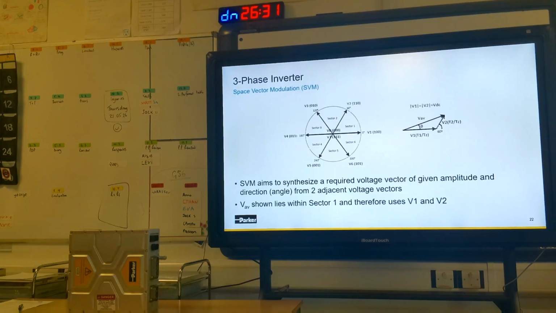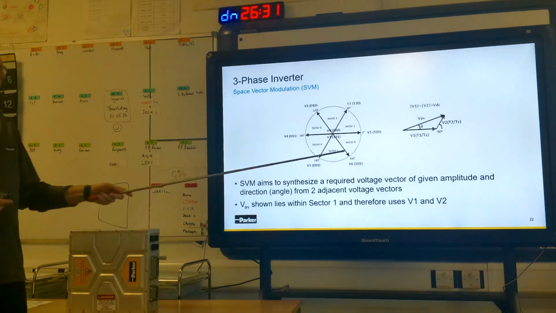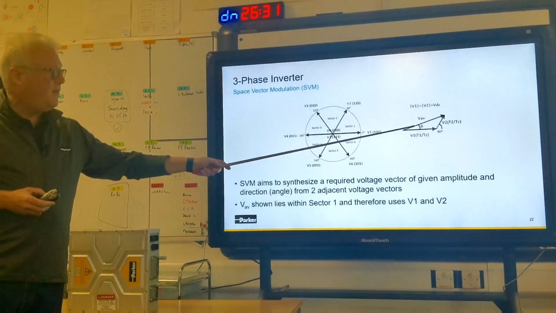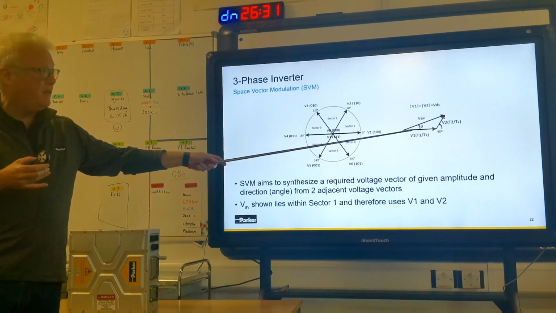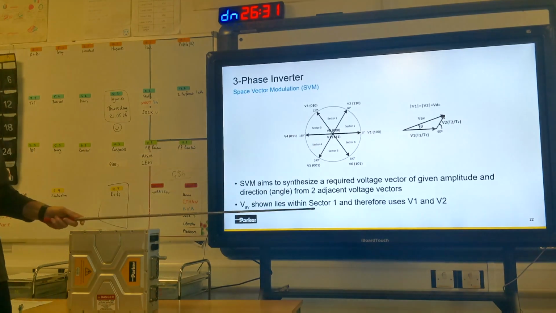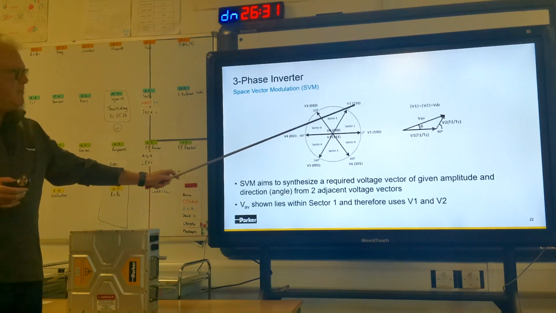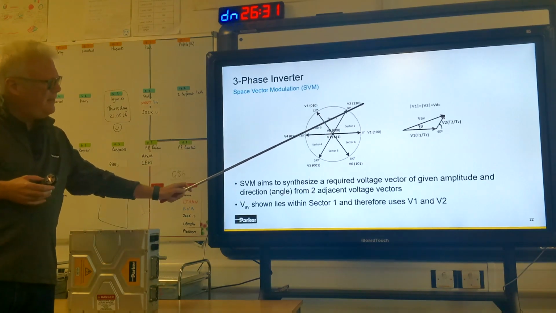A better technique would be something called space vector modulation. What on earth does that mean? Well, what it tries to do is synthesize a voltage vector of whatever desired amplitude you want at whatever angle you want, and you do that by choosing 2 adjacent voltage vectors. So here I've got some sort of voltage vector that's sitting about there.